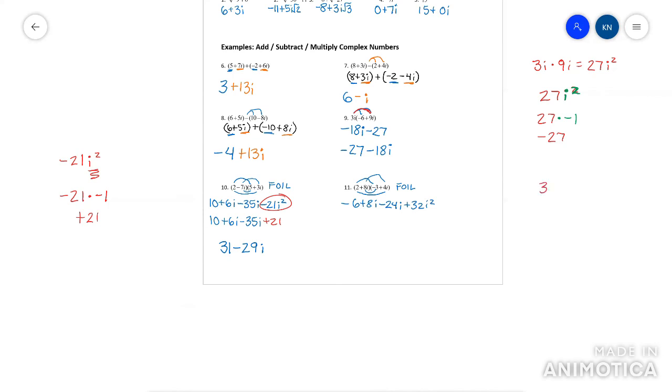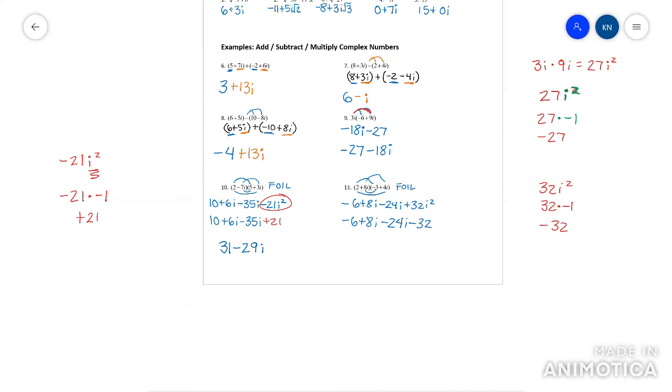This 32i squared, the i squared becomes -1. So this changes to be -32. So I can rewrite this problem, -6 plus 8i minus 24i. And then this part we just said became -32, so minus 32.